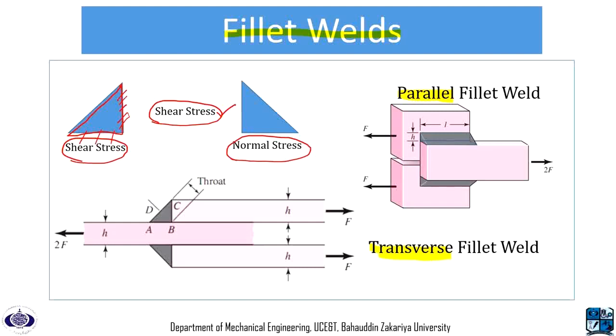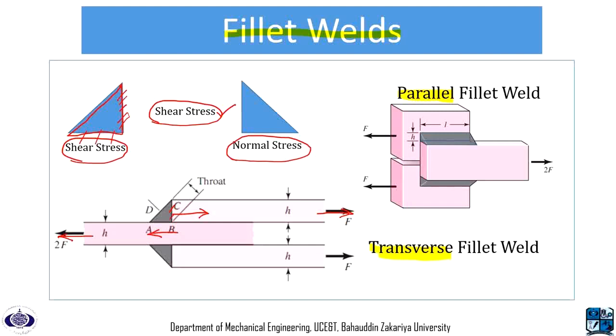Now, in this example, you can see that this force being applied on the fillet weld produces a normal stress on the vertical side, whereas this force produces a shear stress on side AB.